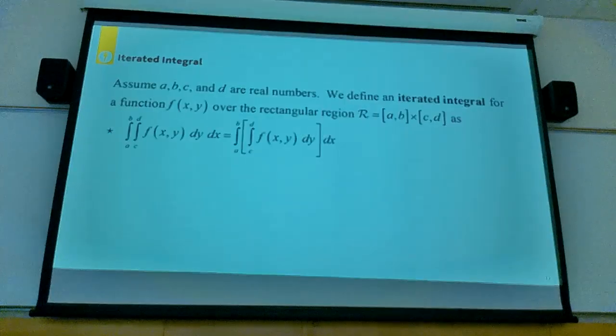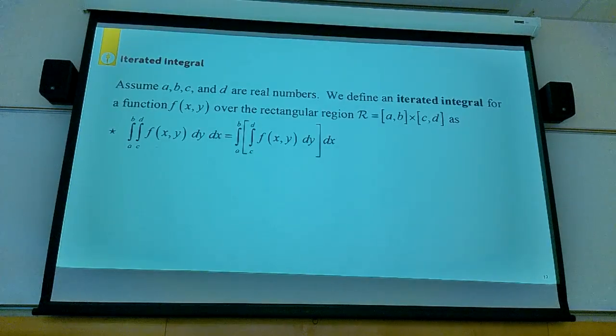It's one of two forms. Integral a to b, integral c to d of f of x, y, dy, dx. Right? This is iterated in the sense that it would just be the integral from a to b of the integral from c to d, f of x, y, dy, dx.